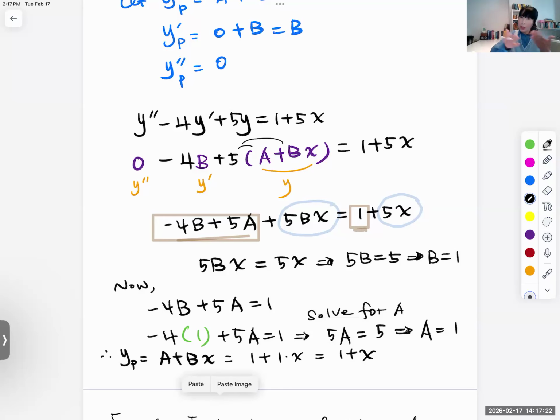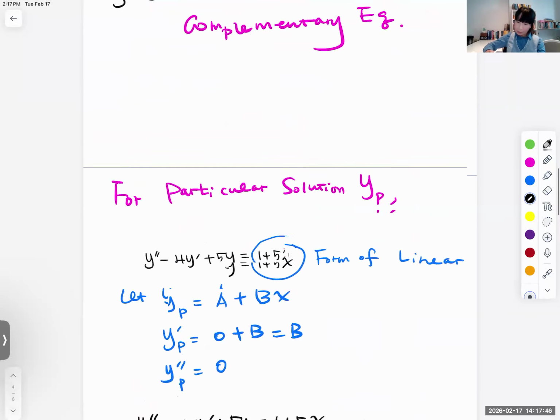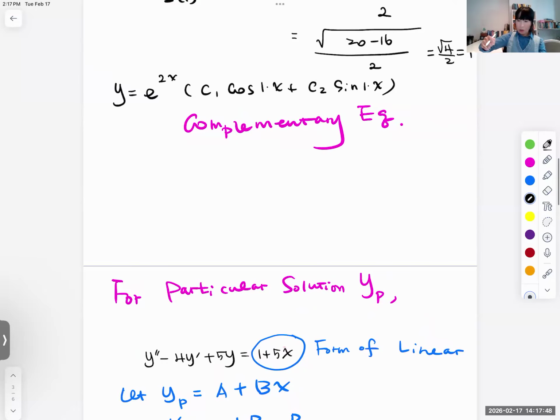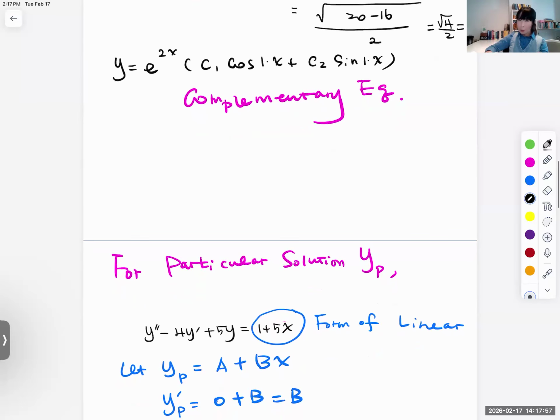So altogether the general solution is the particular solution plus the complementary solution, right? So y sub p plus y sub c: 1 plus x plus the complementary solution we had, e to the 2x, c sub 1 cosine x plus c sub 2 sine x.